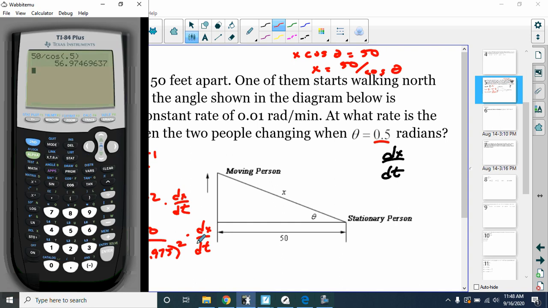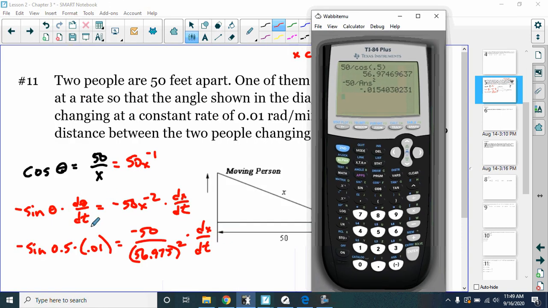So we want negative 50 divided by that squared. And then, so that's this, and then I need to divide both sides by that. So negative sine 0.5 times 0.01, and then divided by that answer that I just got.